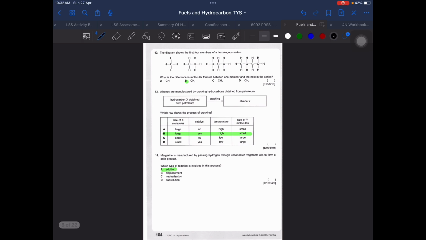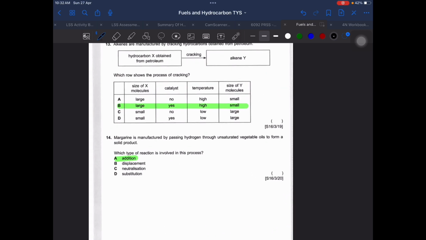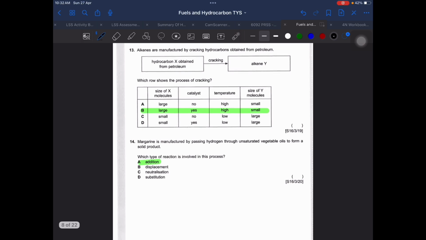For page 104, I'd like to zoom in your attention to question 13 and 14. So for question 13, you realize that there's this thing called cracking, right? So cracking is not new to all students. But I just want to remind you that cracking requires catalyst, requires high temperature. We all know that it goes from large to small. But we must remember that there is a certain condition that's needed. Okay? And for question 14, once again, see?